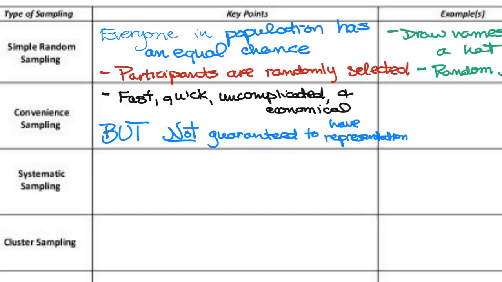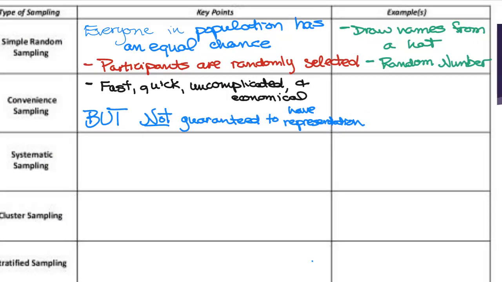You are not guaranteed to have representation. Okay? So that might mean we are looking at the 5 closest people because it's quick, it's easy.